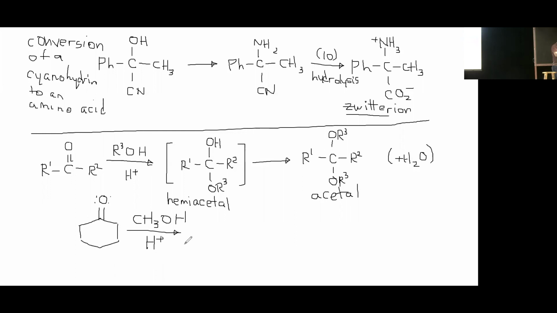Let's say cyclohexanone is dissolved in methanol in the presence of an acid catalyst. So here's methanol, CH3OH, and maybe just a speck of sulfuric acid or something. It might also say here H2SO4 or some other strong acid. But whether they specify the acid or not, the result is the same. That's just a catalyst.